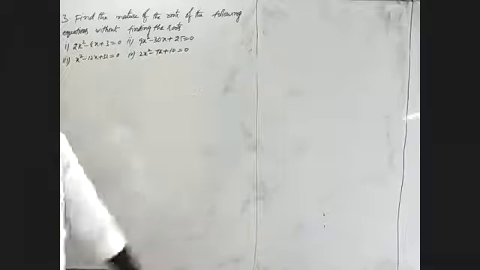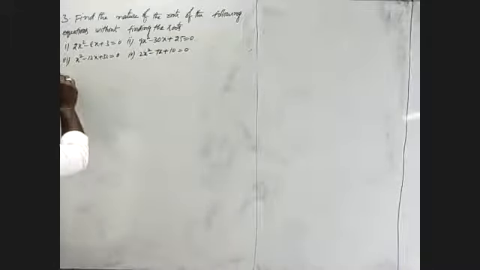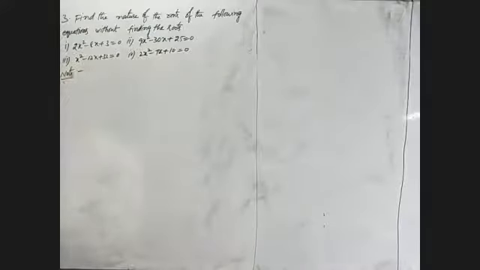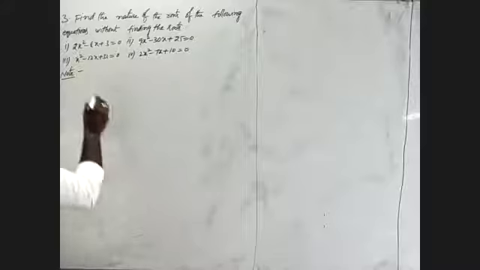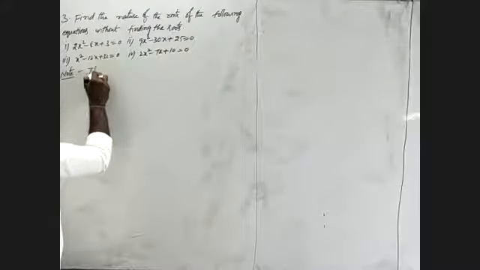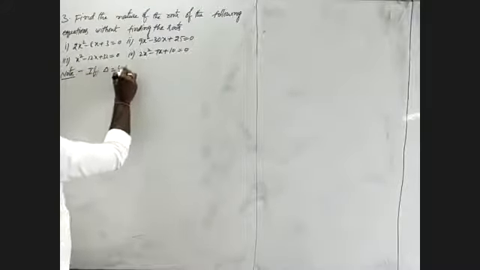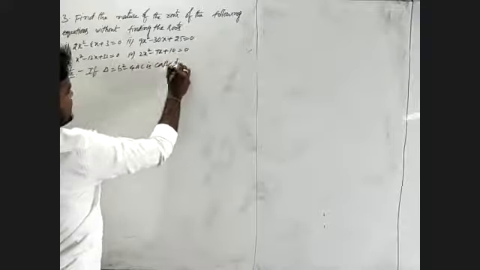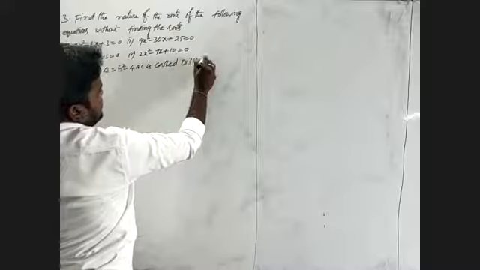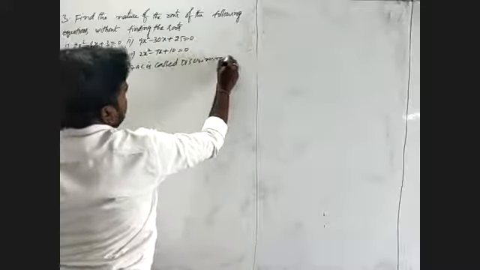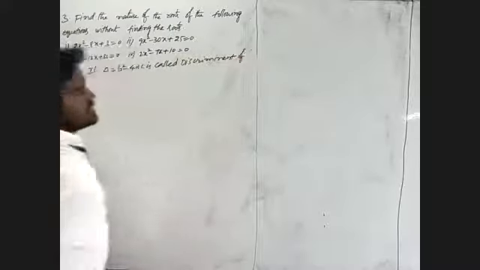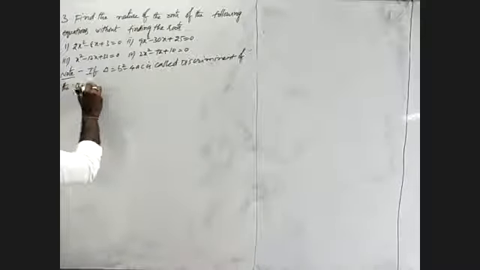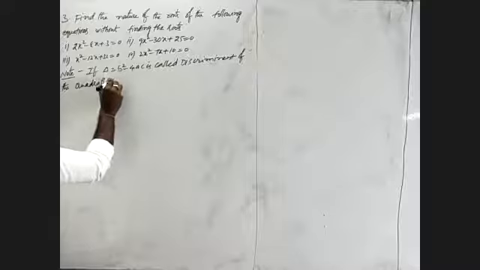If a quadratic equation ax square plus bx plus c is equal to 0, then delta is equal to b square minus 4ac is called the discriminant of the quadratic equation.